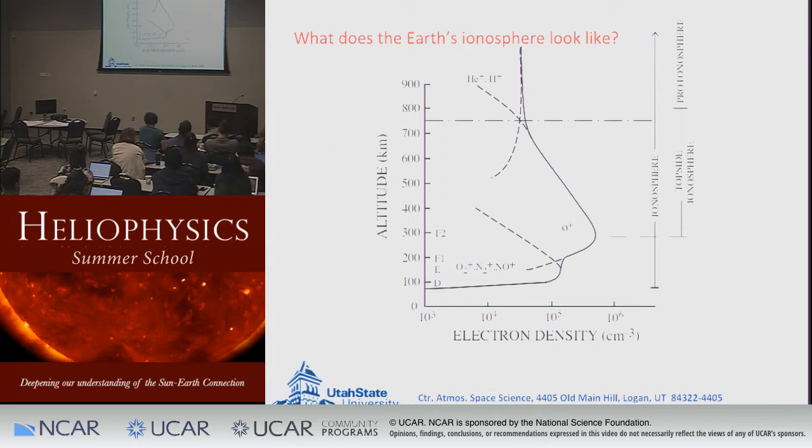But in actual fact, when you model this structure, there aren't necessarily peaks. There are inflections in the shape. And the only real peak that's almost always there is what's called the F2 layer, where the oxygen ions are dominant.